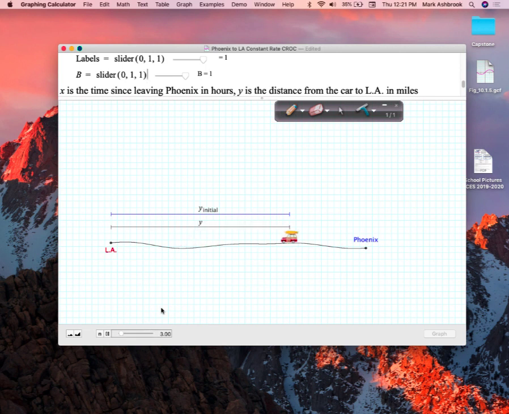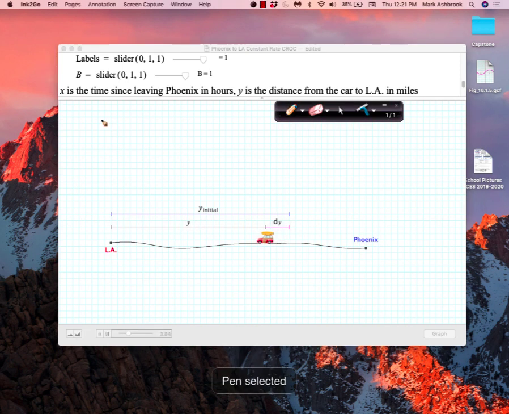Just in terms of y, so not in terms of x. But what would you say dy is? Yeah, so the change in a quantity is y final minus y initial, right? Isn't that what we've said before?